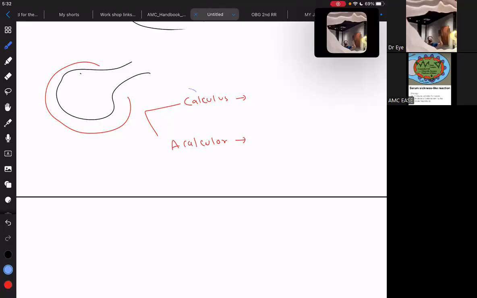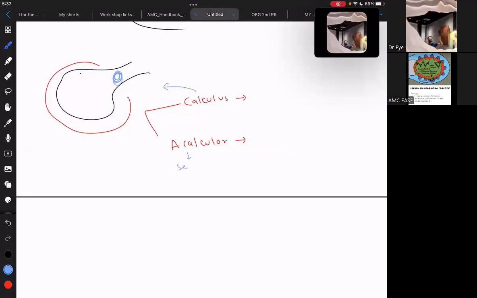It's very common sense that calculous cholecystitis, inflammation of the gallbladder, may be due to a stone which may get stuck in the cystic duct, resulting in inflammation of the gallbladder. That's what we call calculous cholecystitis. The other one is acalculous cholecystitis.